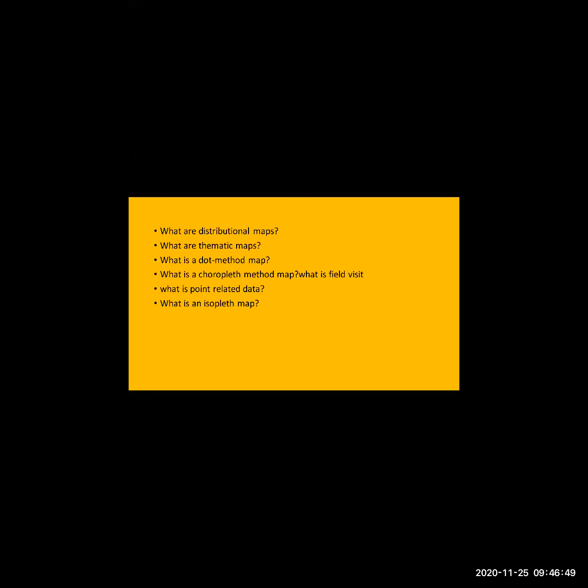Tell me what these maps are used for. These maps are useful to explain the distribution of these variables in the region. Okay, that much only. Okay, fine. Okay, mute yourself.